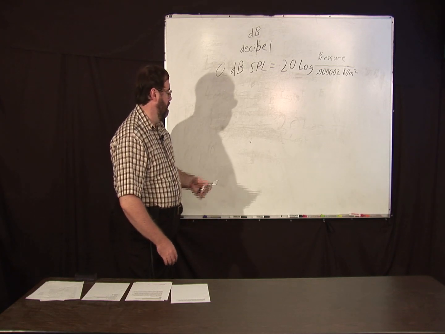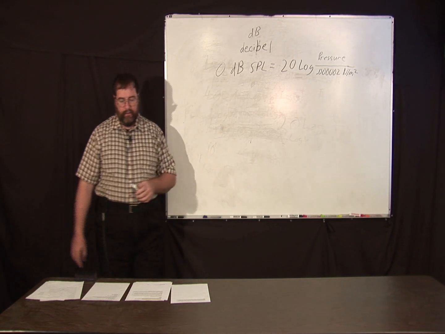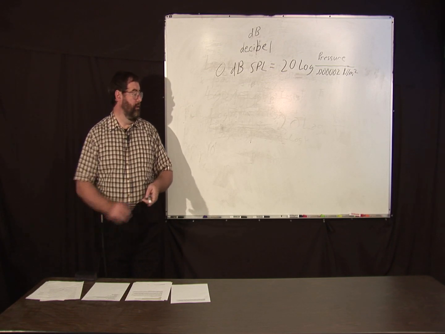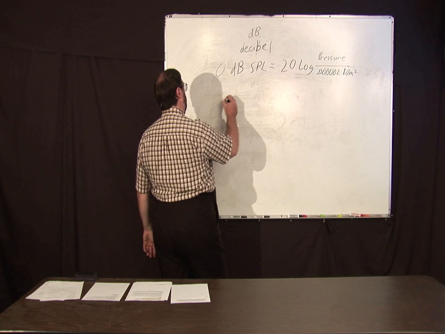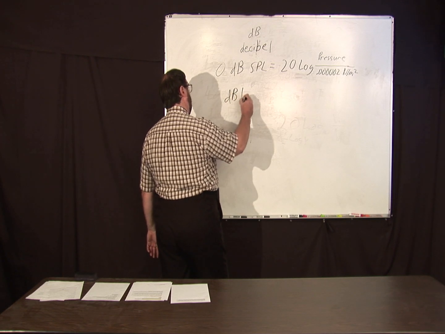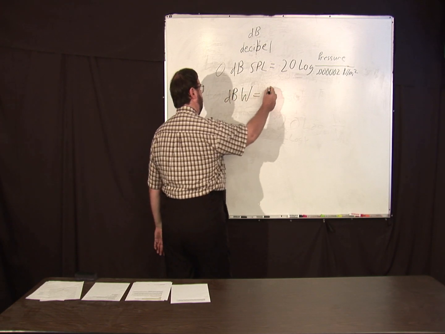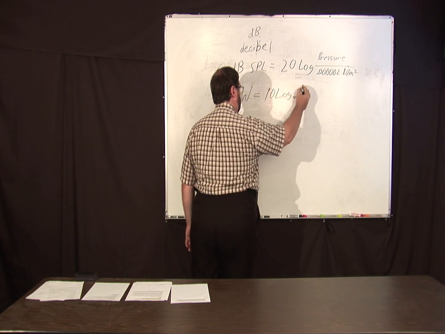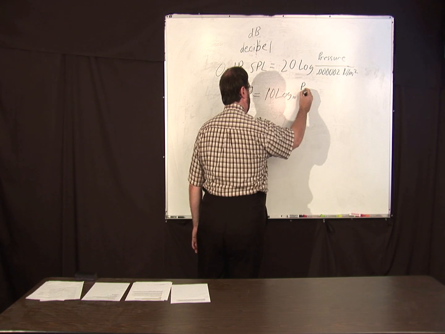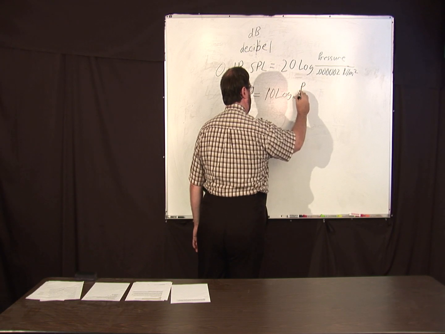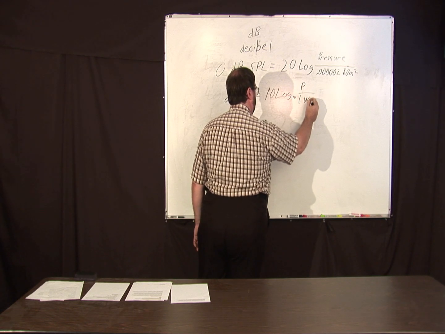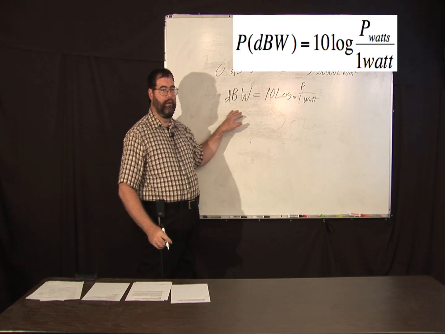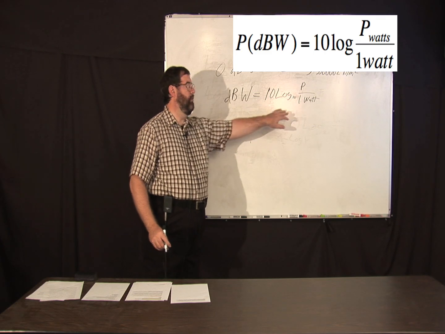Well, it's power ratios. We know that power is measured in watts. In particular, you can have a unit called a dB watt, which is 10 log base 10 of power divided by 1 watt. Okay, so the reference for a dBW is 1 watt.